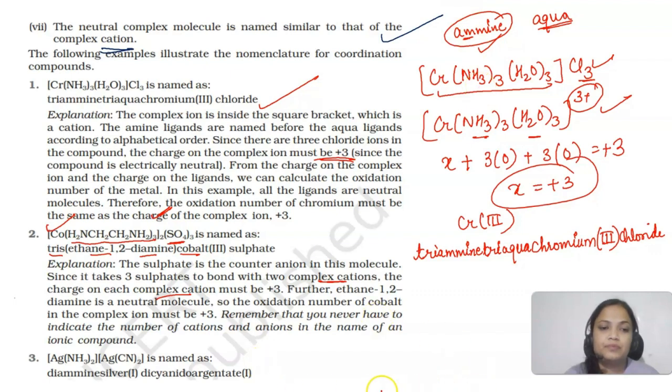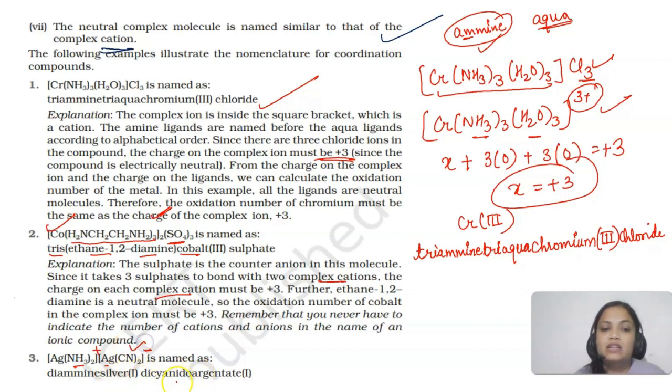Now another one is here: [Ag(NH3)2] and [Ag(CN)2]. In both cases the oxidation number of silver will be +1. Here it will be plus and here it will be minus. Again ammine is a neutral ligand, so here you get +1. So it will be diamminesilver(I) and dicyanide.